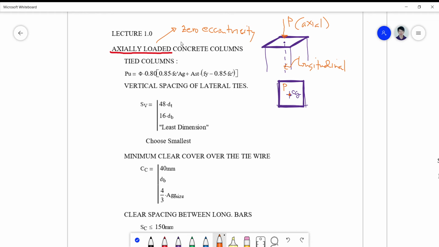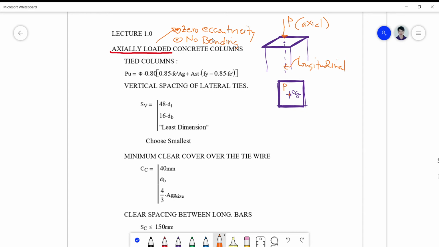Another implication is that for axially loaded columns, we say that there exists no bending. So the column remains straight because there is no tendency for the column to bend. Except, of course, when we study some buckling concepts, which is not yet a part of what we are discussing right now.